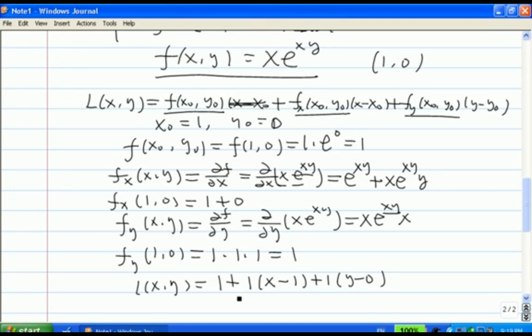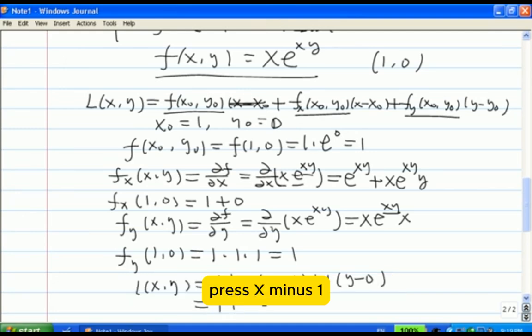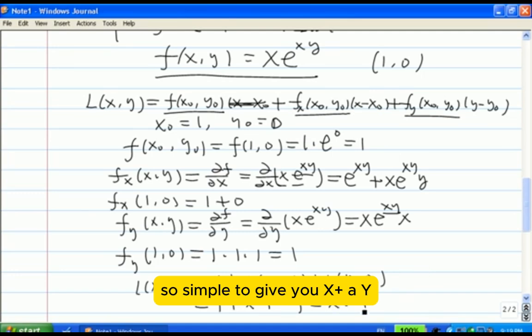Okay, so you can simplify that, gives you 1 plus x minus 1, then plus y. So simply gives you x plus y.